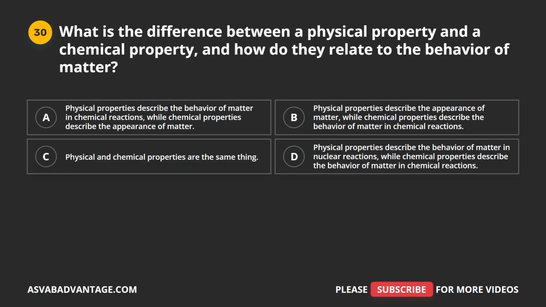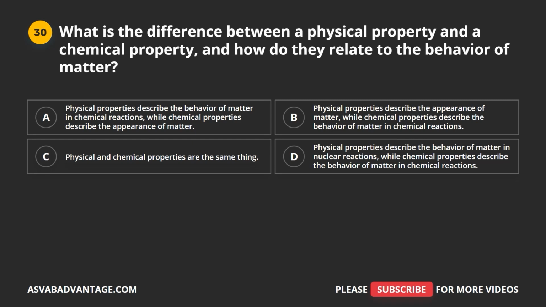Question 30. What is the difference between a physical property and a chemical property, and how do they relate to the behavior of matter? A. Physical properties describe the behavior of matter in chemical reactions, while chemical properties describe the appearance of matter.